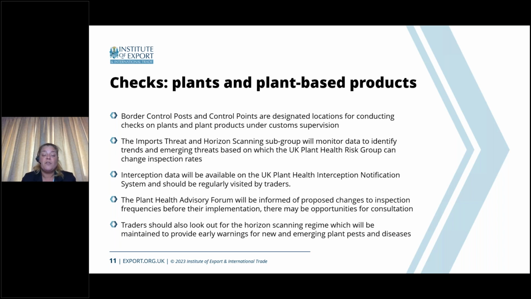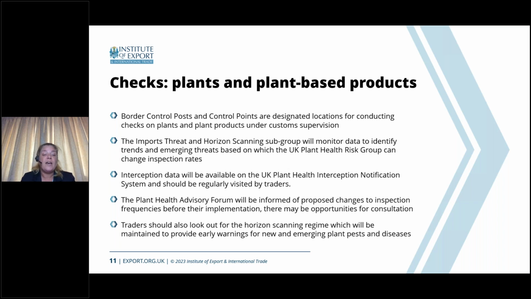The Plant Health Advisory Forum will be informed of proposed changes to inspection frequencies before their implementation. It's also important to note that these changes are due to come in interim measures, so they won't necessarily come in immediately. So it should give businesses time to plan for any changes within those inspection frequencies.